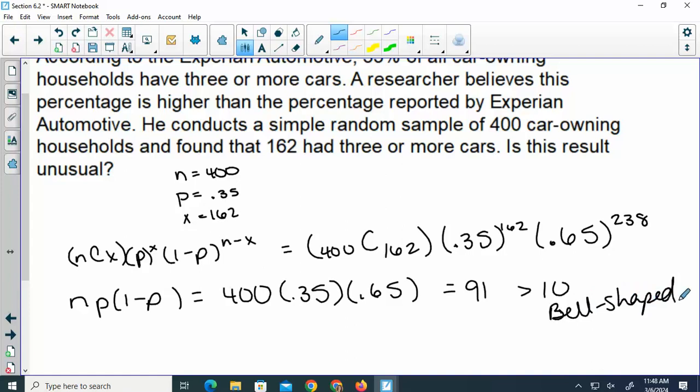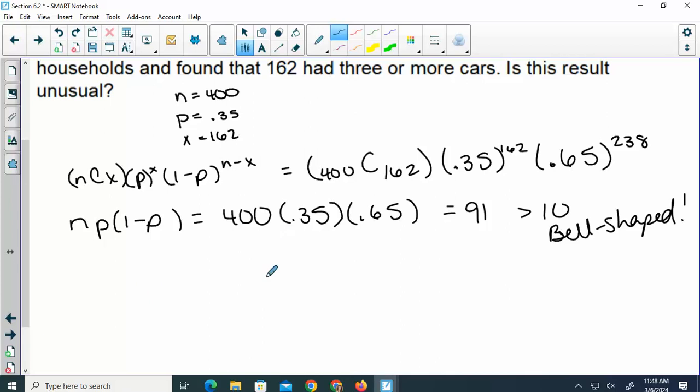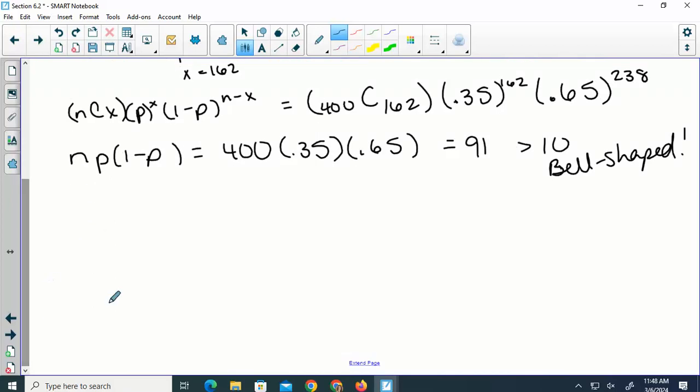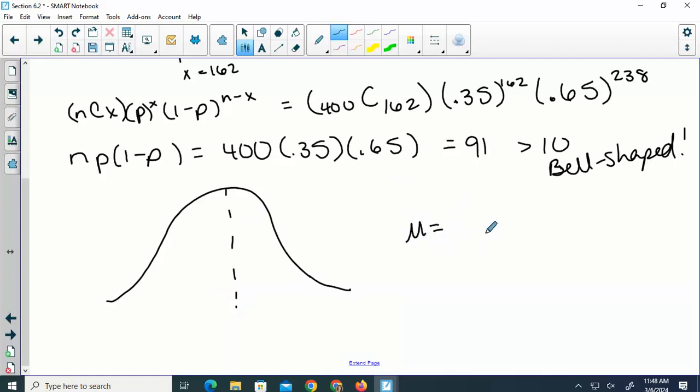And if it's bell-shaped, that means the empirical rule has to work, right? The empirical rule says if you are more than 2 standard deviations from the mean, we'd be unusual. So we need to know the mean and the standard deviation, don't we? How do we find the mean of a binomial distribution?